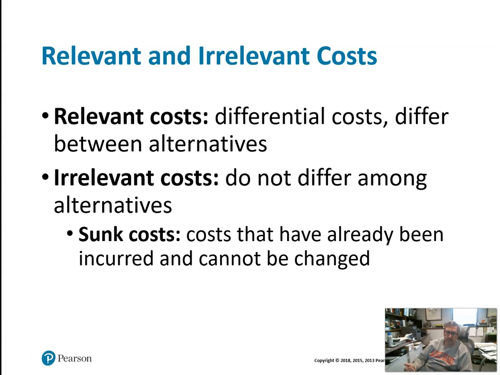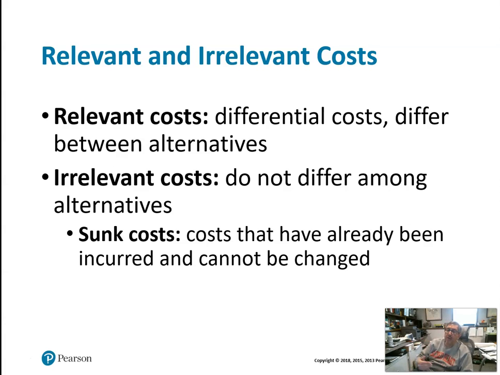It's irrelevant, right? So when companies are trying to determine how they want to analyze cost, depending on what it is they're analyzing, they're going to look to see what costs are important, which ones are going to change based on the alternatives I have, which ones are not. Sometimes costs become irrelevant simply because we don't have the ability to change them.